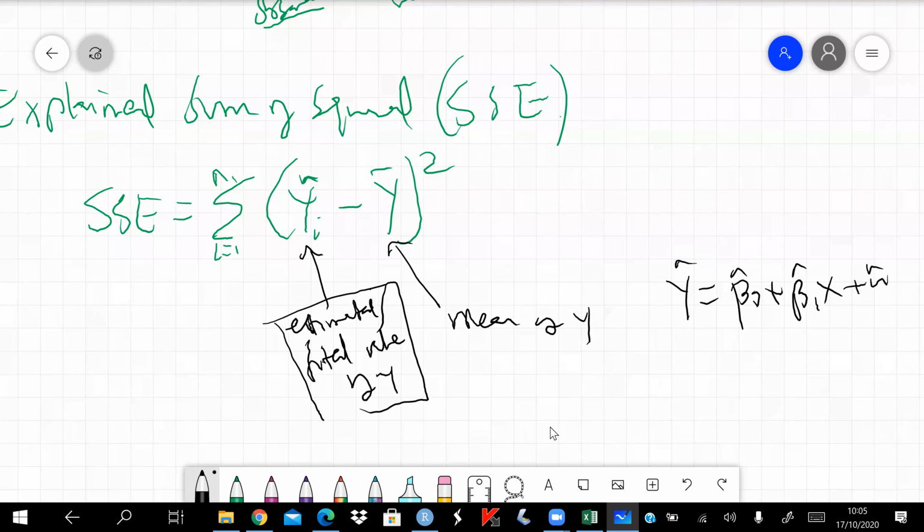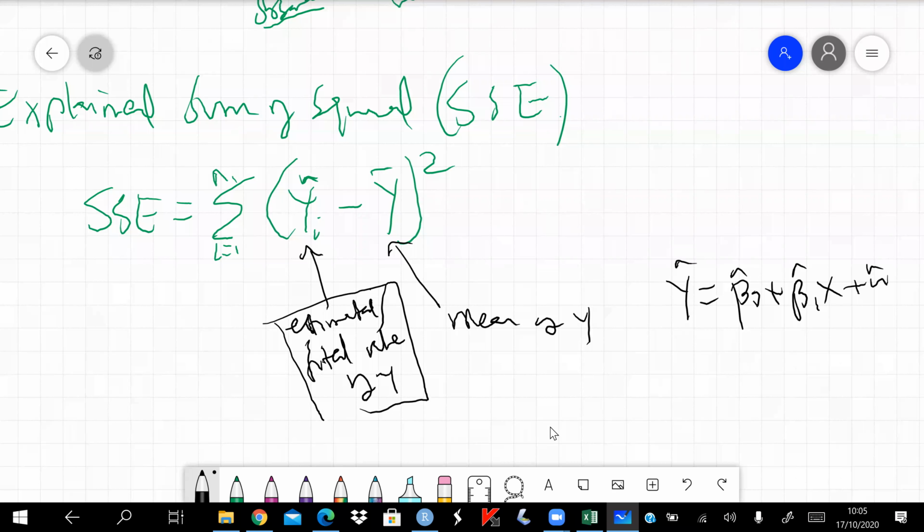So this is the original, observed data, and this is the predicted, the difference between the observed value and the predicted value. So the sum of squares can be partitioned into those three: the total sum of squares, the residual sum of squares, and the explained sum of squares.